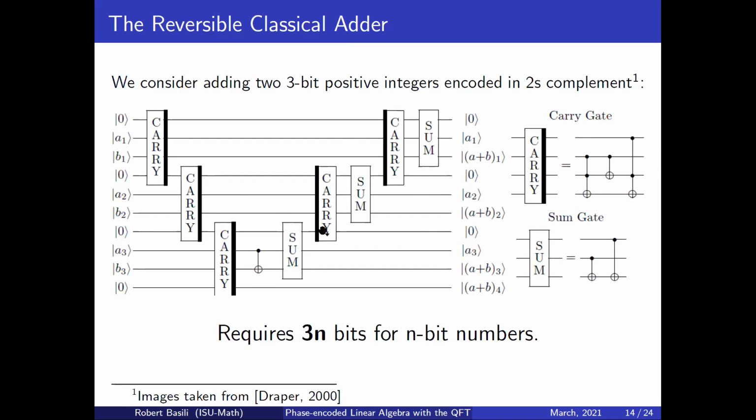And the moral of the story is you can do this, and it requires 3n bits to add 2 n-bit numbers. Note also, the black bar here tells you whether the direction of these gates is reversed; which side the black bar is on tells you that.